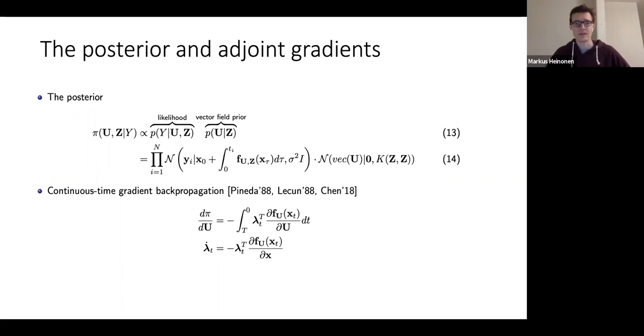And here this gradient of the posterior with respect to, for example, the parameters u is now a backward integral from time t to time 0, where we follow these adjoint parameters lambda, and we multiply them by the partial derivative of the system with respect to the inputs and the parameters. I'm not going any deeper here. I just want to highlight this sort of change of gradient convention we have to follow.